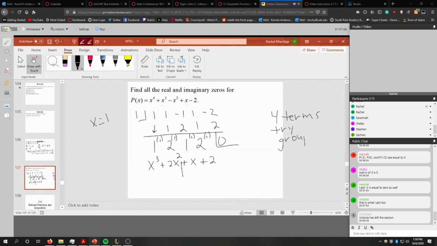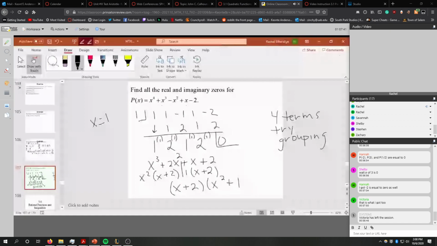So before I start trying those P over Q's again, I'm going to try to factor this by grouping. My GCF is x squared. So that leaves me x plus 2. And this one doesn't have a 1, so I just factor out a 1. So that gives me x plus 2 times x squared plus 1, because that was positive.